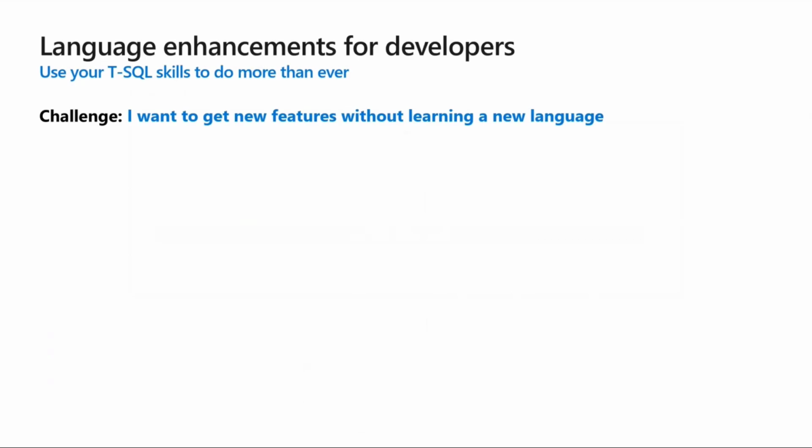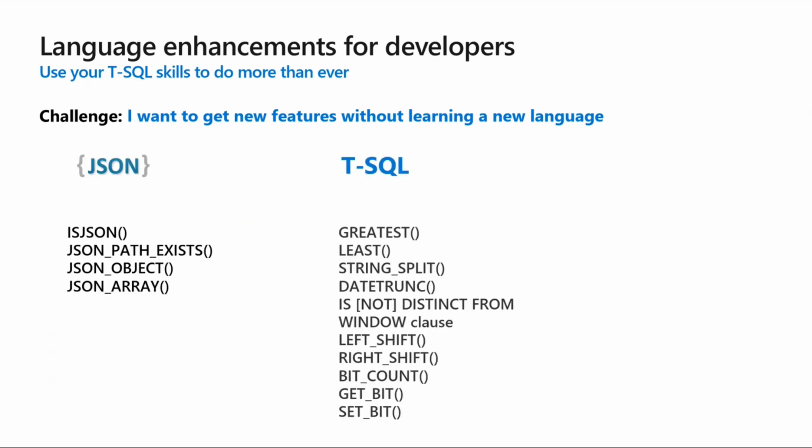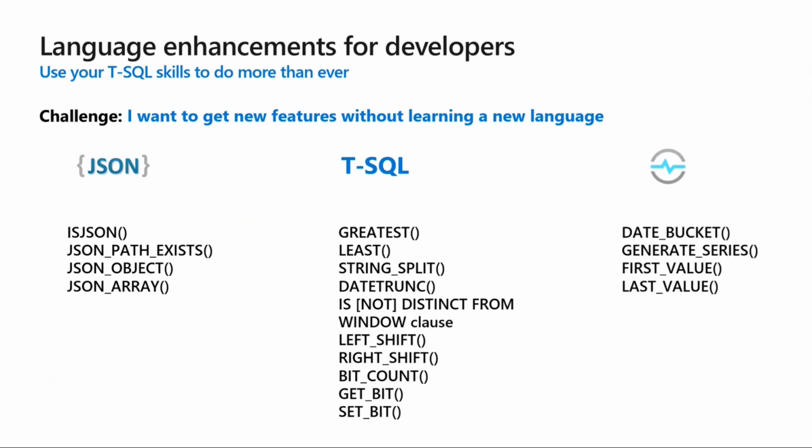Then, another challenge is that we need additional features for T-SQL without having to learn many more things, right? Well, SQL Server is giving us a new set of T-SQL functions to do things that today we can do, but we need to write our own code.